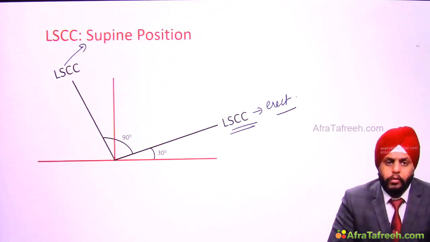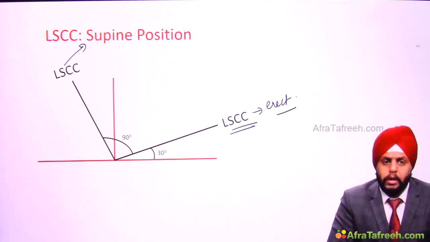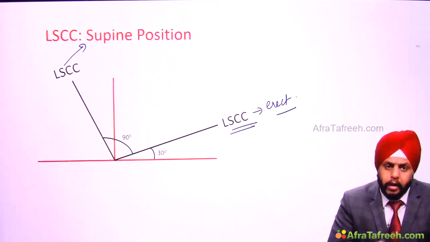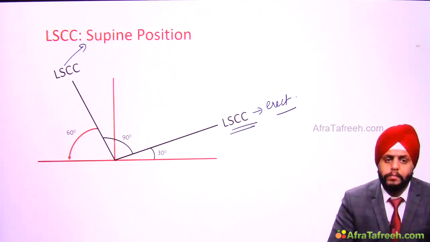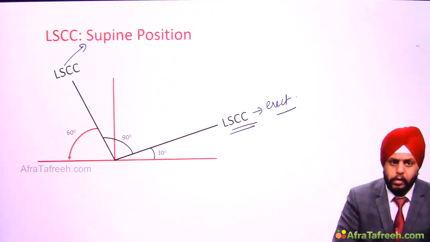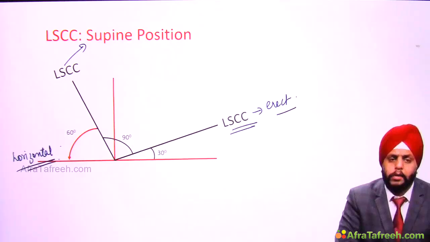Now you want to make this lateral semicircular canal horizontal in supine position. So what can you do? You can bend the head backwards by 60 degrees. Okay. So now the patient's lateral semicircular canal will come back into the horizontal position.